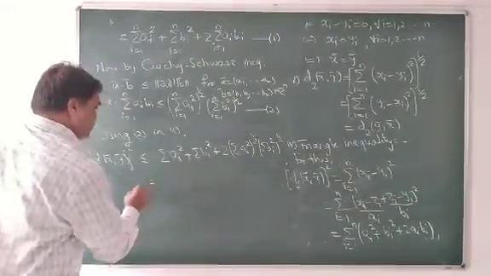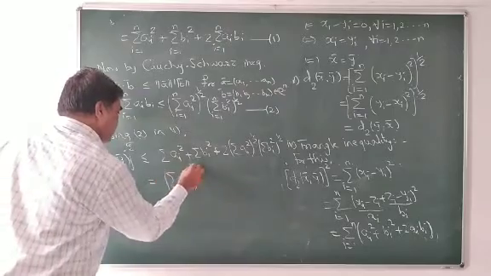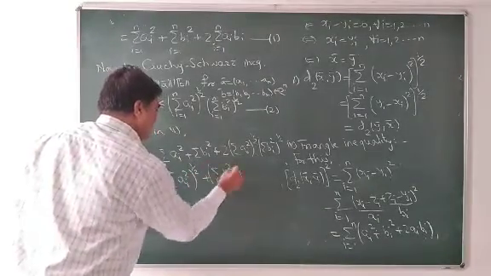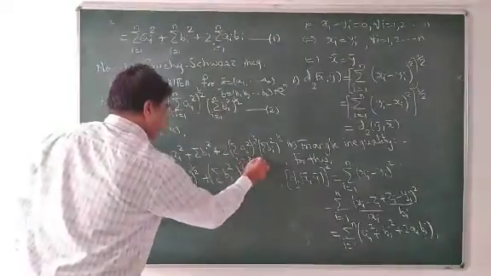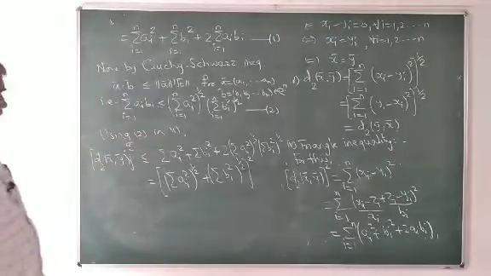But this is nothing but summation of ai square raised to half plus summation of bi square raised to half, whole thing square, taking i equal to 1 to n everywhere.